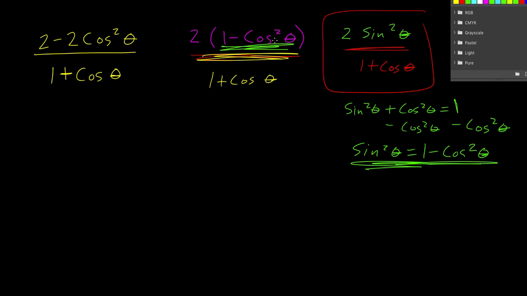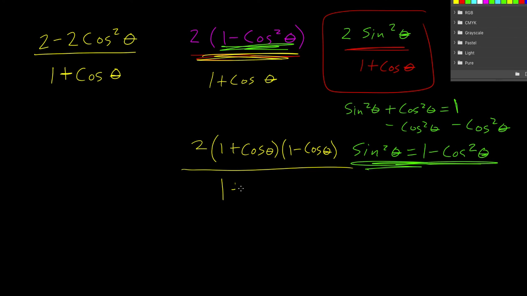We can use the difference of squares method on top. So it's the first one, sorry, the square root of 1 is 1. Square root of this is cosine. And then we can also do 1 minus cosine. So using difference of squares, we square root, do a plus sign, do a minus sign.